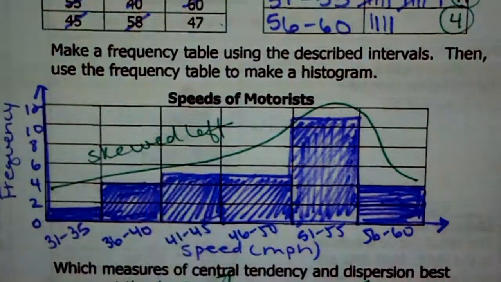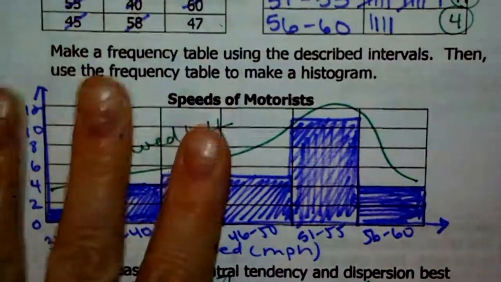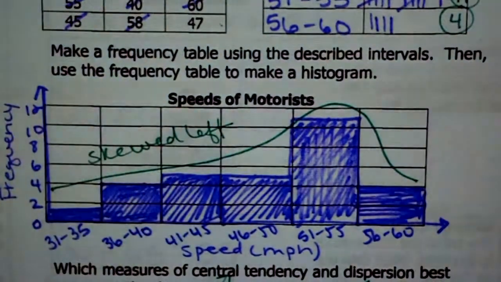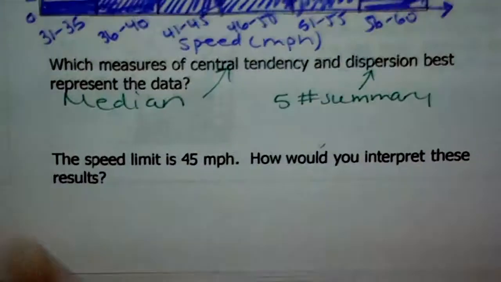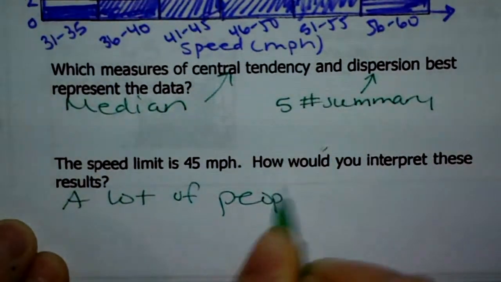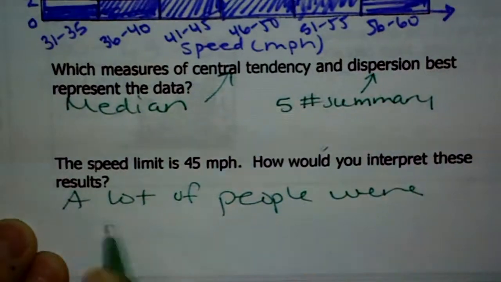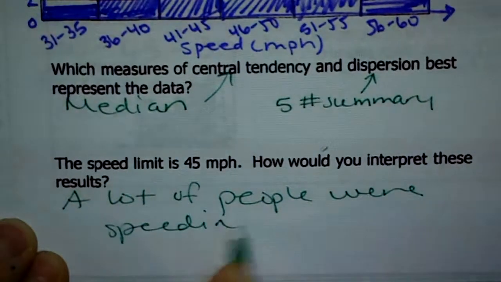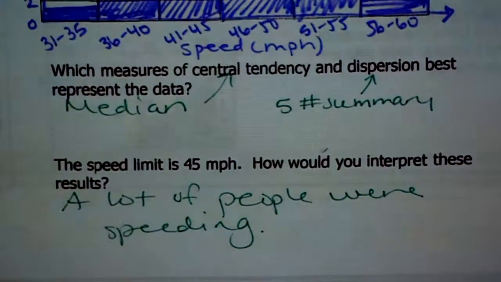Do you know what that means about these motorists? It means that a lot of people were speeding. That's what I would say. I'm not sure if they just observed how fast they were going or if people actually got pulled over. I'm guessing a couple people got pulled over that day.